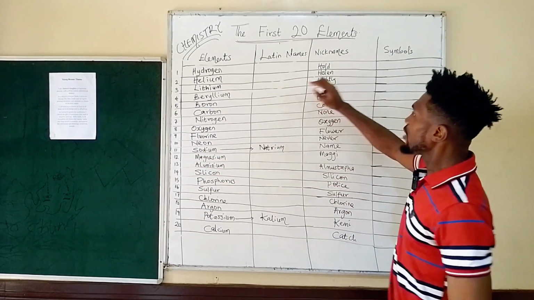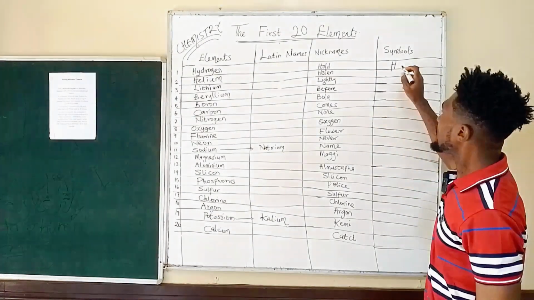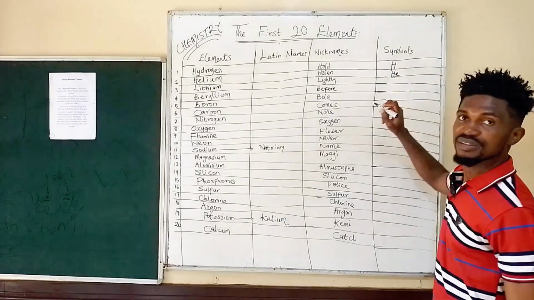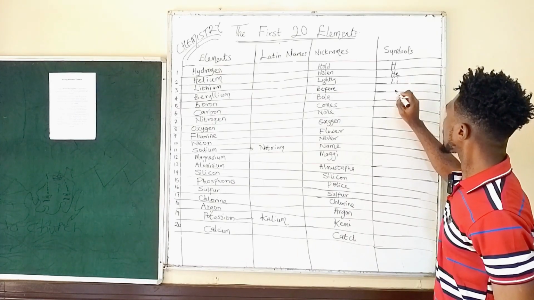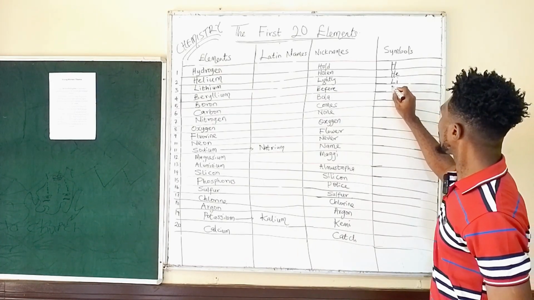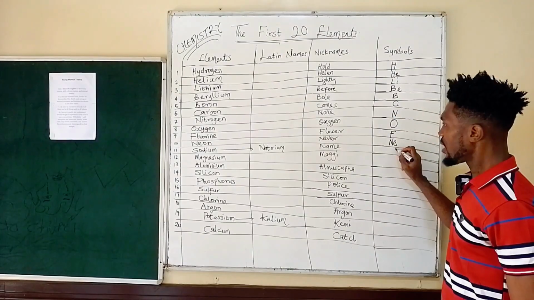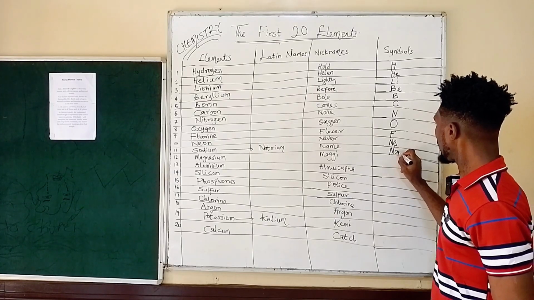Now, hydrogen is represented with what? Capital letter H. Helium is represented by what? Capital letter H and small letter e. Then we have lithium as capital letter L and small letter i. Then we have beryllium, sodium, capital letter N and small letter a.